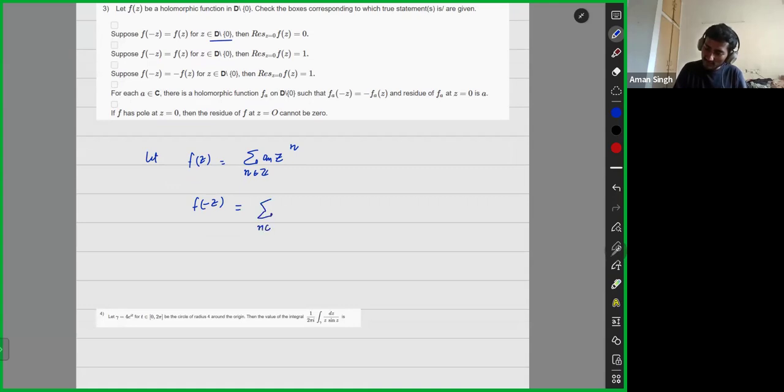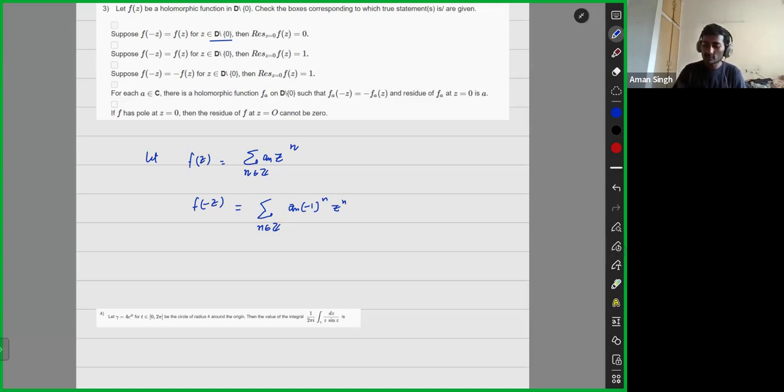With n in the integers, a_n as it is, and in place of z you put minus z, so minus 1 to the power n comes out, and then z^n. This minus 1 to the power n is minus when n is odd and plus when n is even.